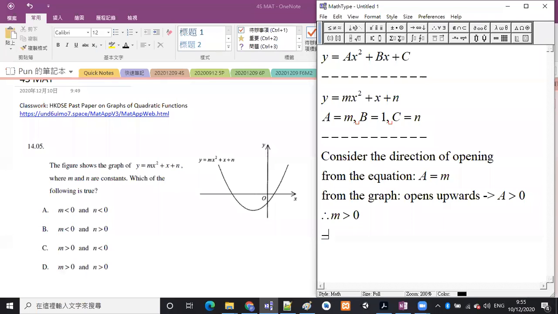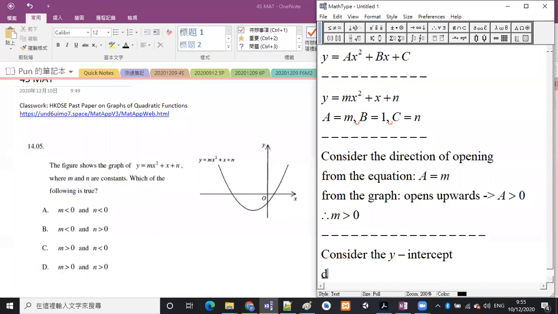After considering the direction of opening, we will consider the y-intercept.